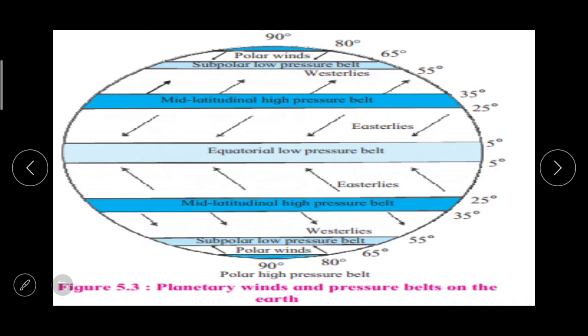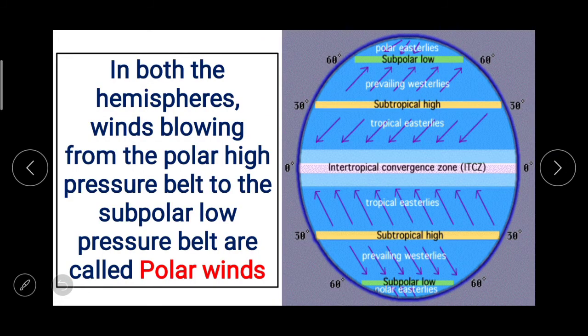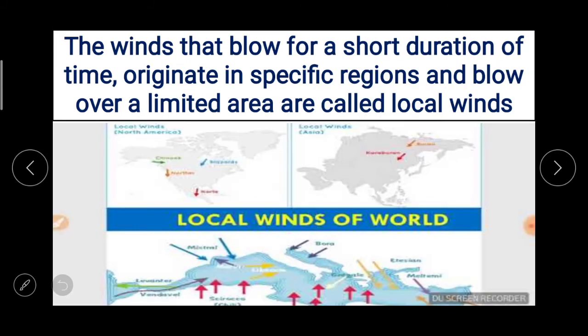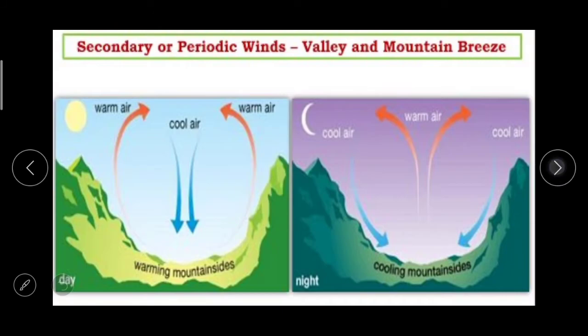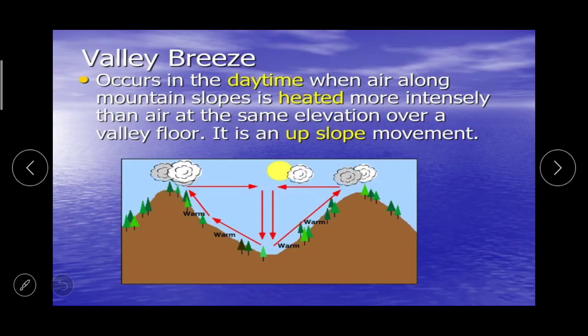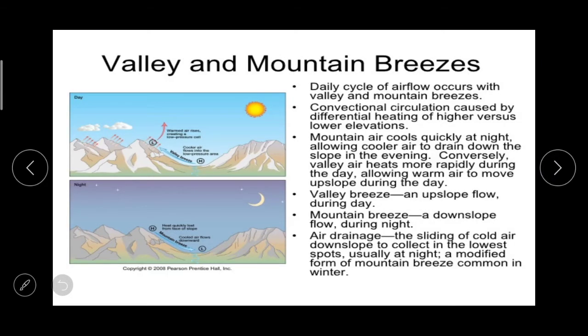Here on the screen, planetary winds and pressure belts on the earth, then polar winds, local winds of world, secondary or periodic winds, that is valley and mountain breeze.